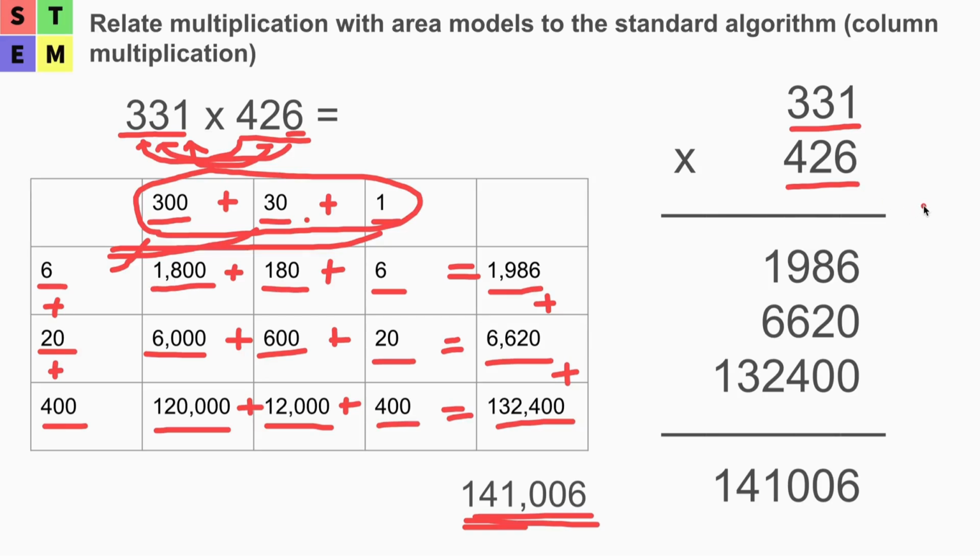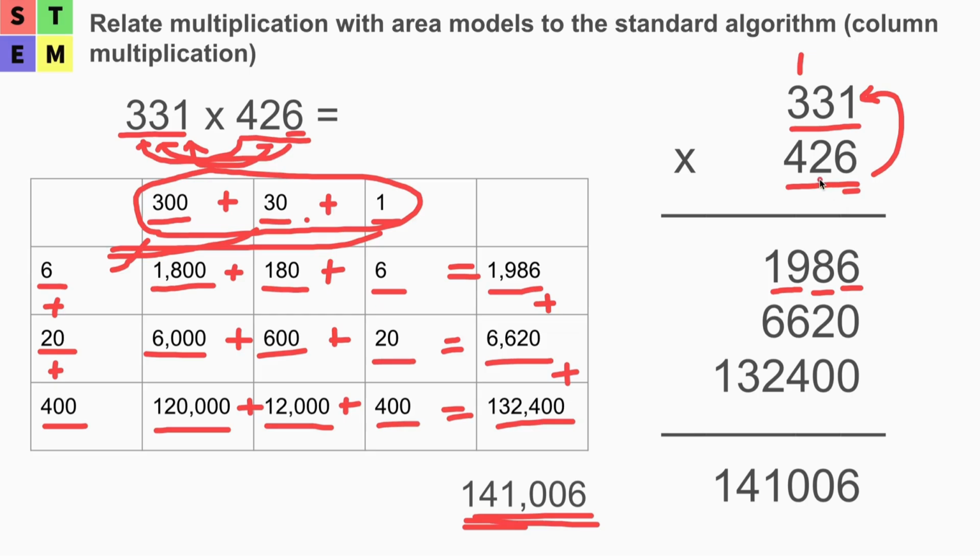The first step is to use 6 to multiply the number above. 6 times 1 is 6. 30 times 6 is 18, so we write 8 and carry 1. 3 times 6 is 18, plus 1 is 19. So we got 1986 there.